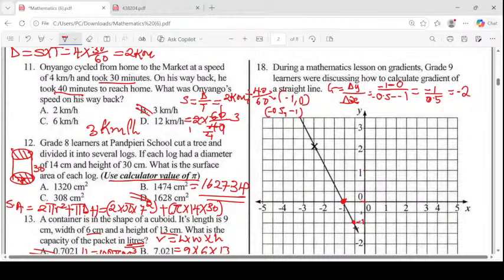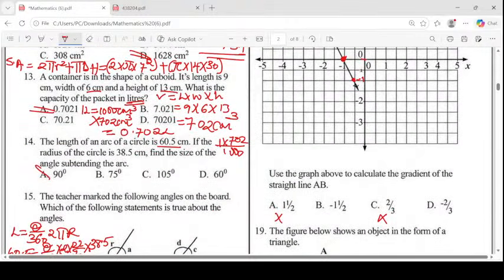You get -2. So the answer must be negative, but here the closest answer is negative 1.5. That is the answer we are going to pick. But the most correct answer here should have been -2. I hope you've understood. I think there is a problem in that question, but you must have understood exactly how we execute it.